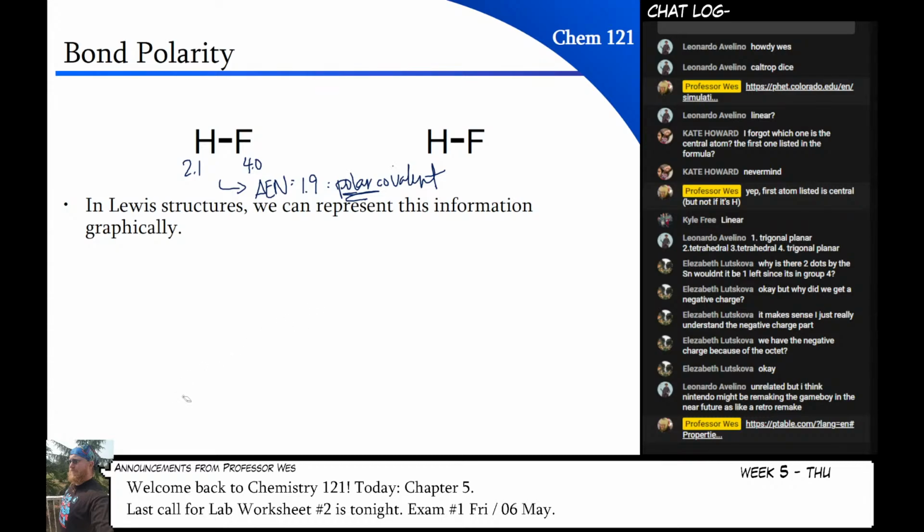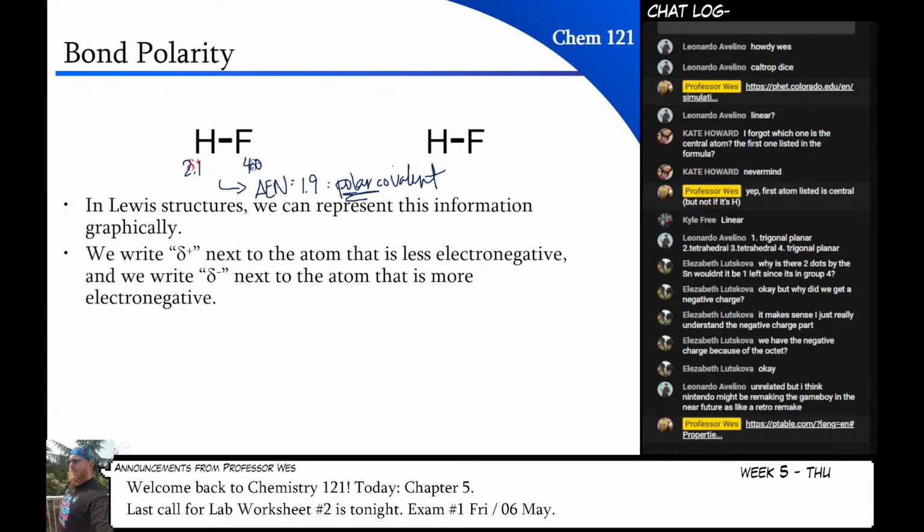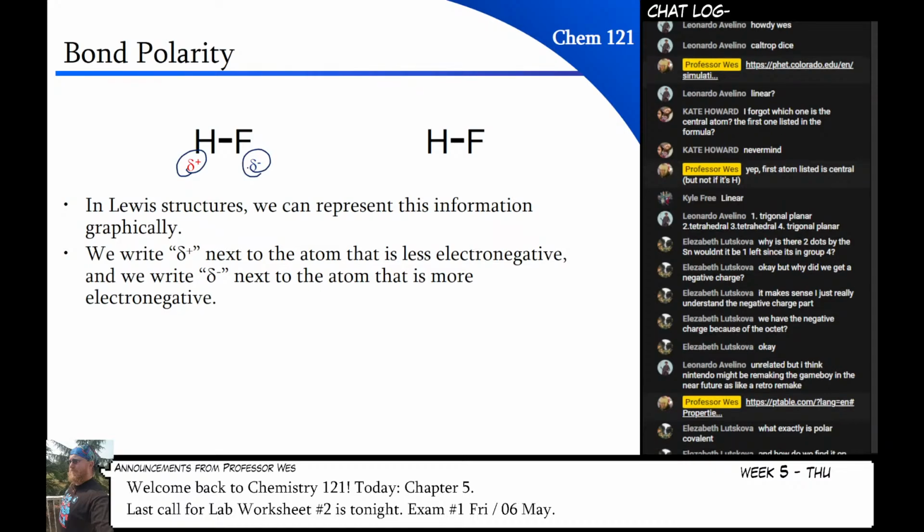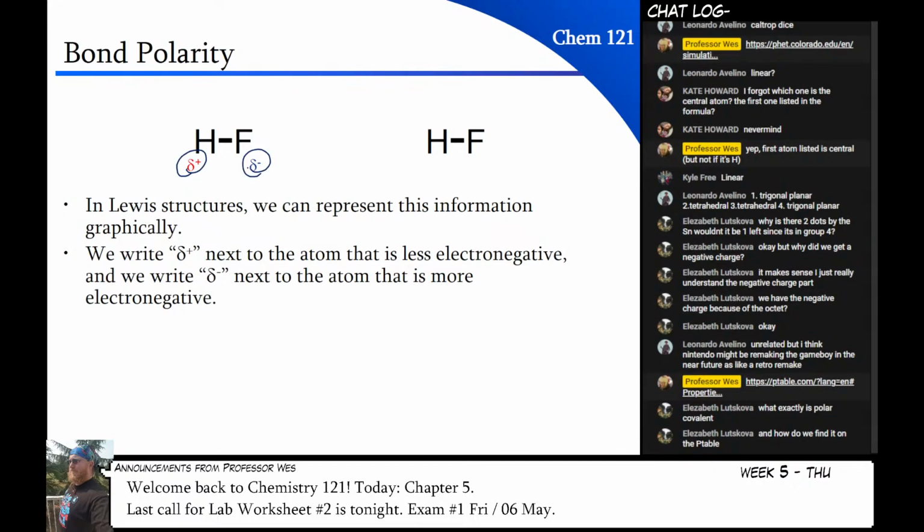Instead, what I have to do is use partial charges. And that's what these symbols are. The little delta symbol here represents a partial positive charge and a partial negative charge. We put the partial marker, I should say, on the correct side based on electronegativity.